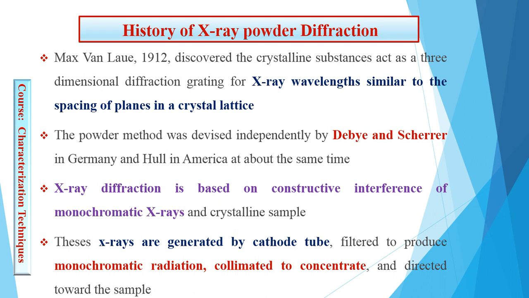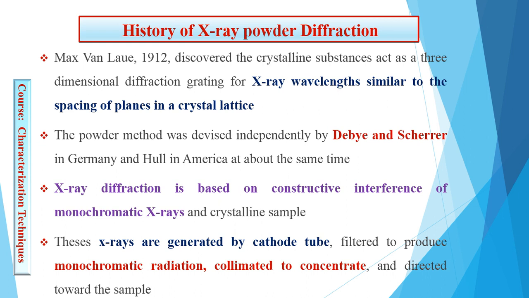These X-rays are generated by the cathode tube, filtered to produce monochromatic radiation, and collimated to concentrate and direct them towards the sample. The X-rays generated from the cathode tube, as we have studied before, have many wavelengths.